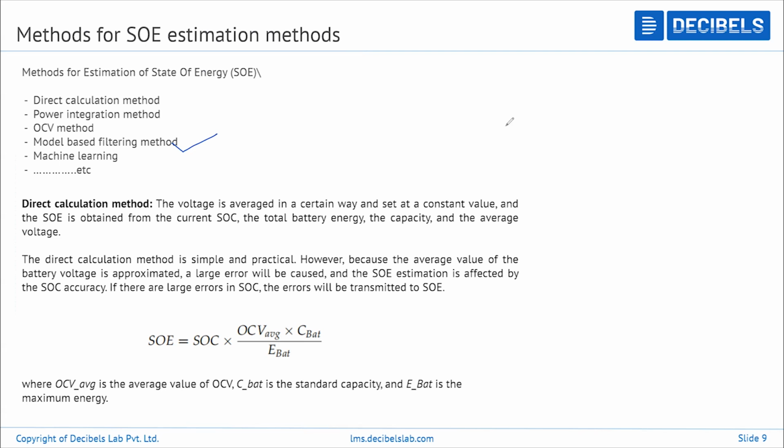If you remember for SOC Coulomb counting, we used to write the equation something like this: I dt upon Q. I dt is nothing but current multiplied with time, which becomes capacity.